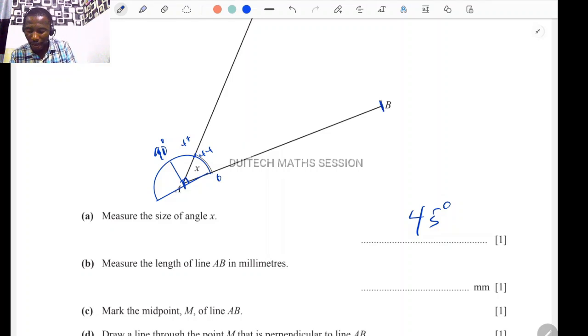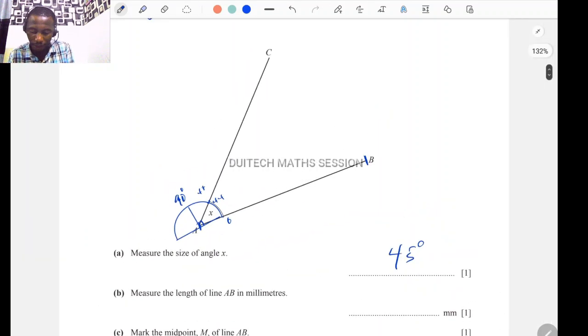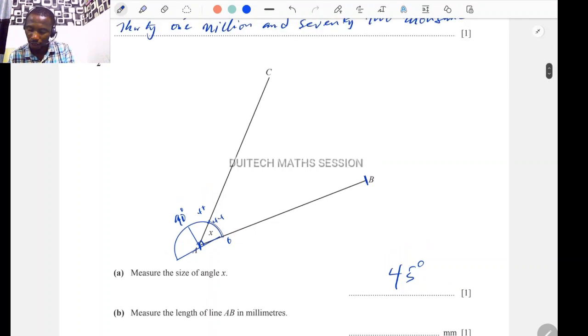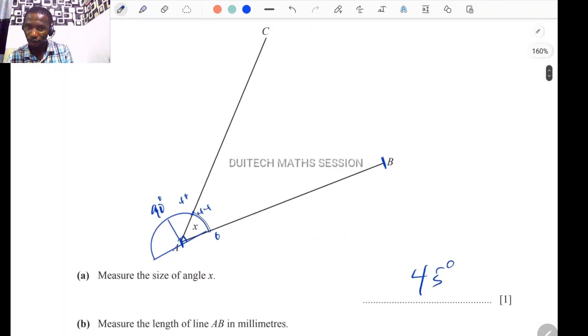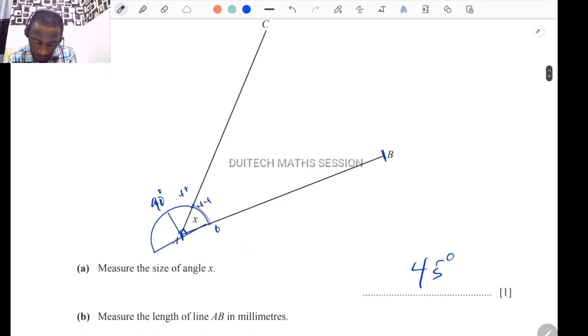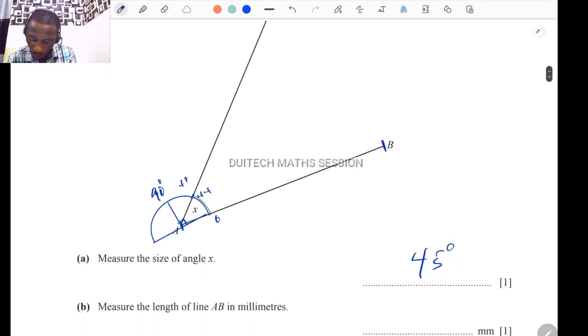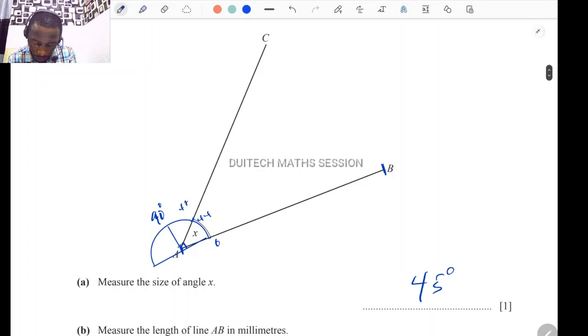I'm zooming in and out, so it will be difficult for me to get the actual view, but let me try. I'm getting something like 8.6.